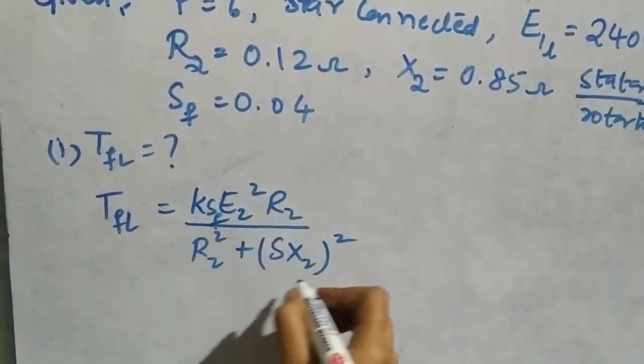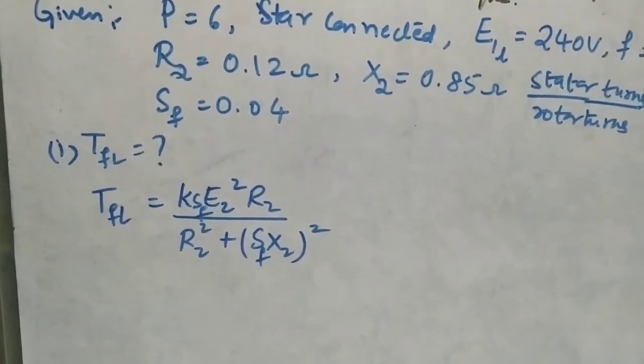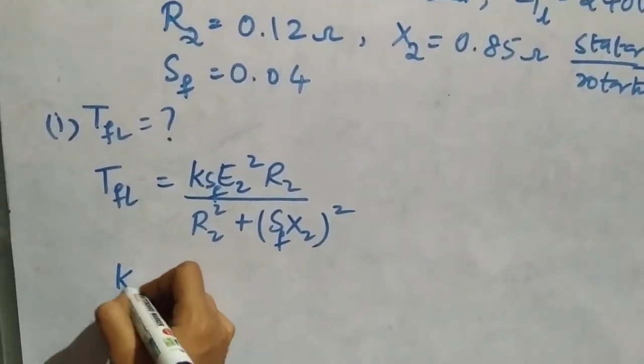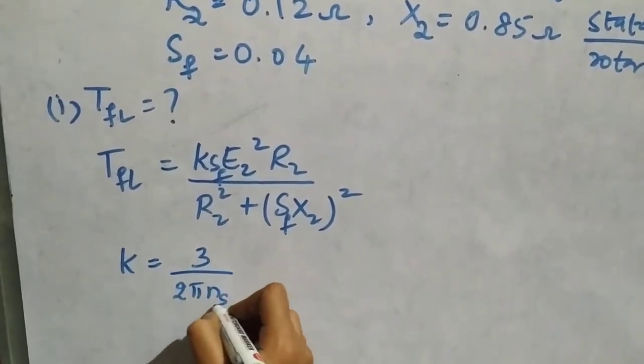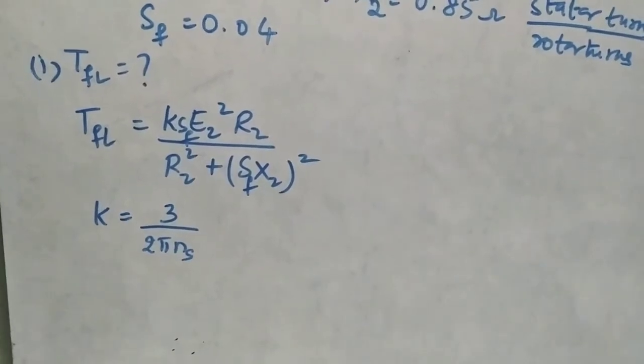Since it is a full load, take SF. Here what is K? K is equal to 3 divided by 2 pi small ns. Right. So let us solve one by one.